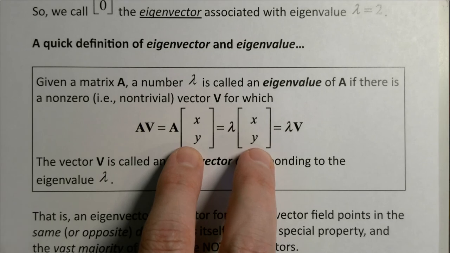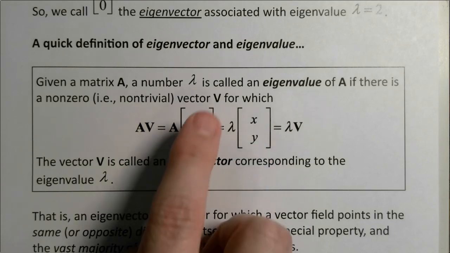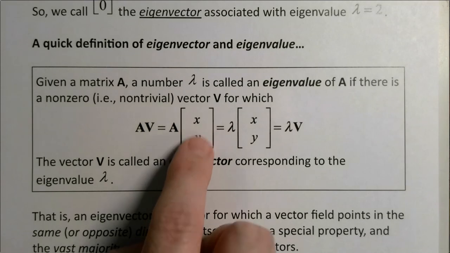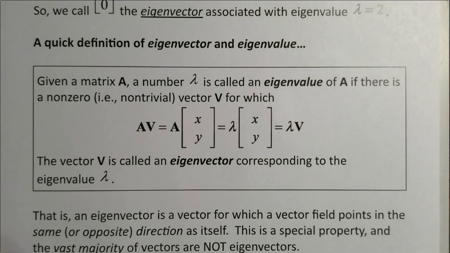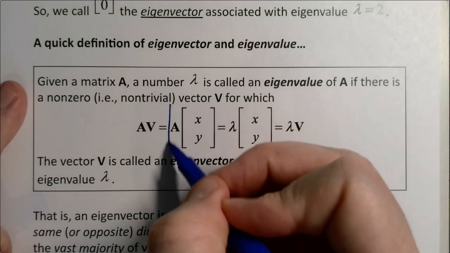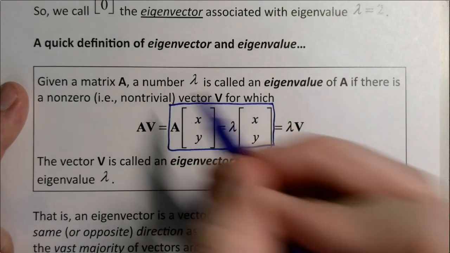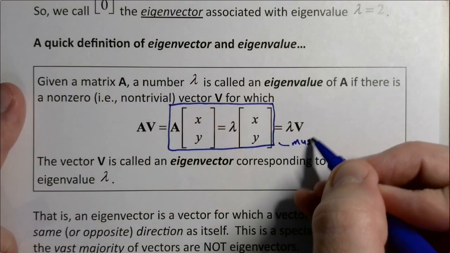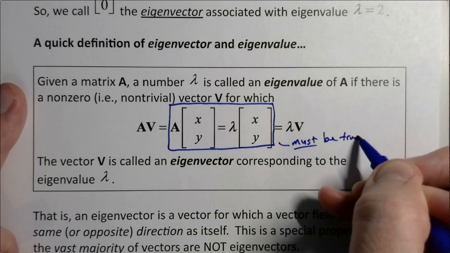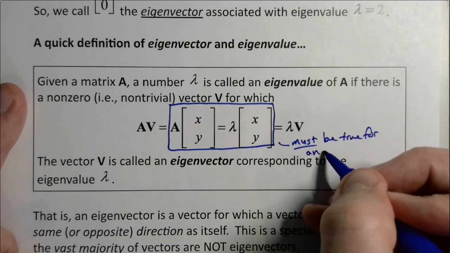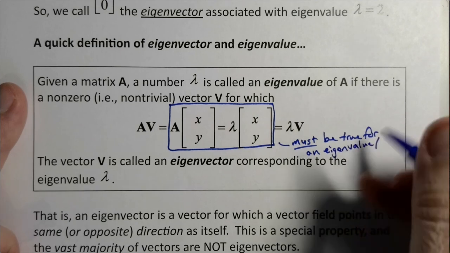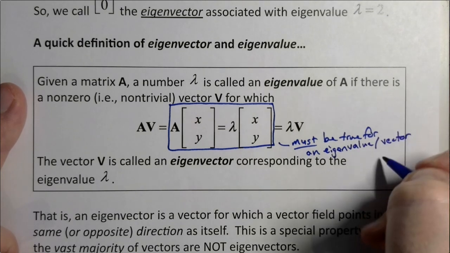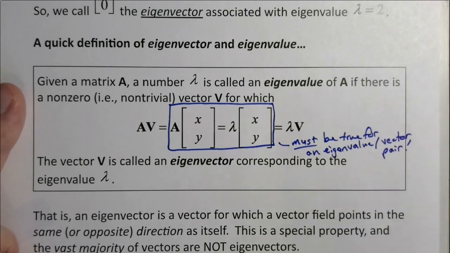And the key here is that's only true if the vector v, those two coordinates, is the eigenvector. So we're going to see how this fits together. But the key is that central relationship, which must be true for an eigenvalue-eigenvector pair. It's got to be true.